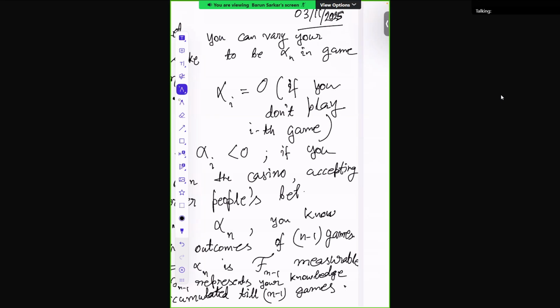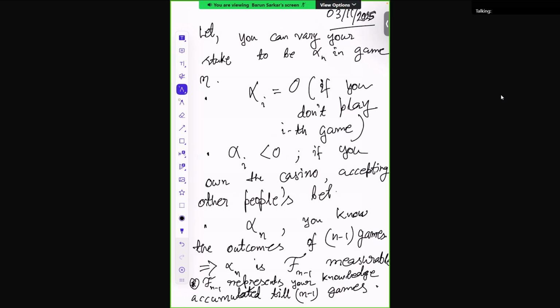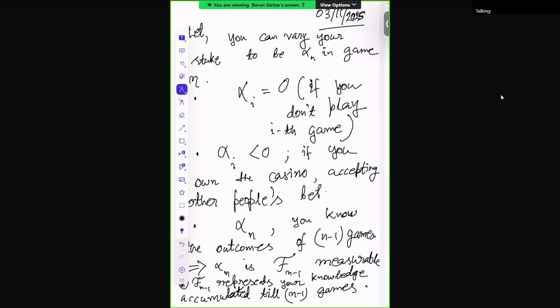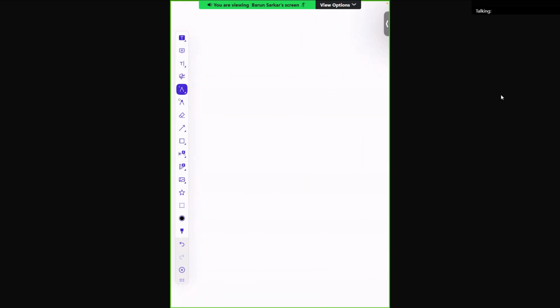F n minus 1 is nothing but your knowledge accumulated till game n minus 1, right? And it is quite normal to take this F0 to be the trivial sigma algebra, without loss of generality.